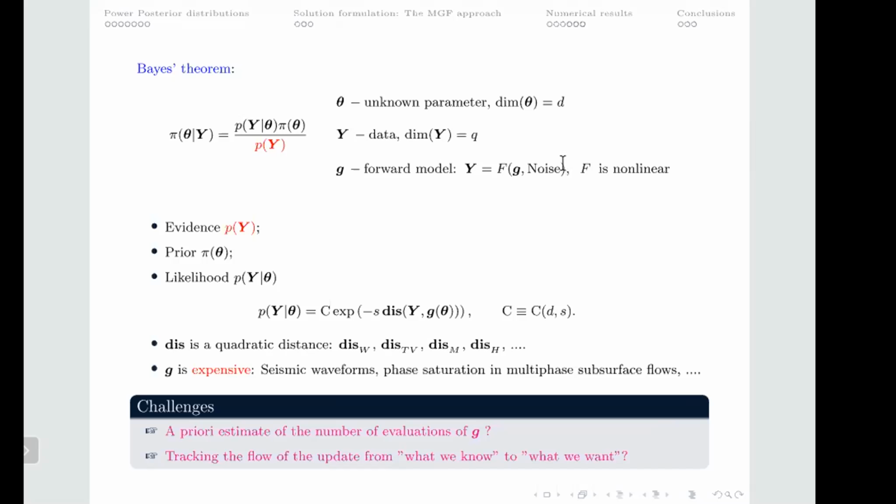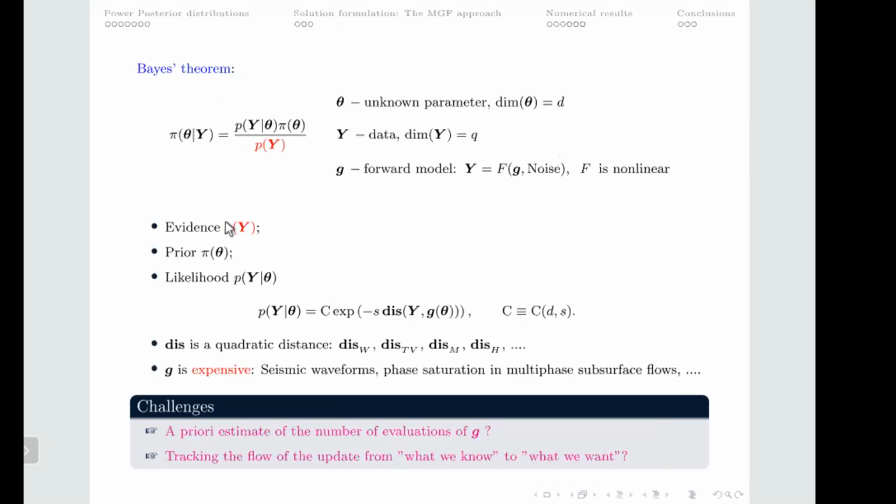Typically f covers additive measurement noise, multiplicative measurement noise, combinations of those two, and other types of noise. For that we use Bayes' theorem, which tells us that the posterior is the likelihood times the prior divided by the evidence.